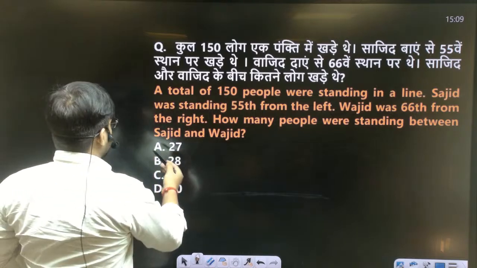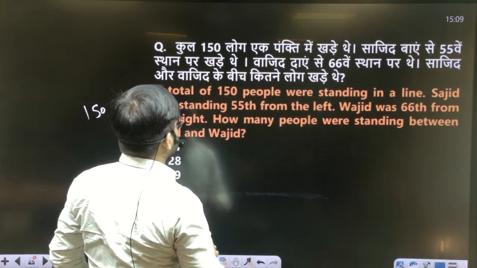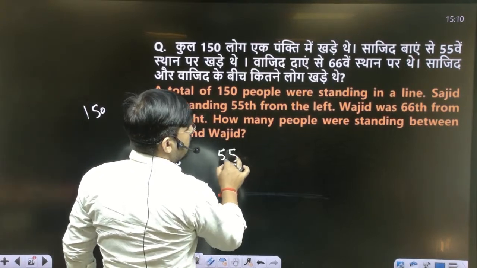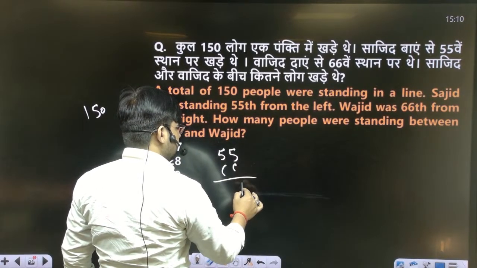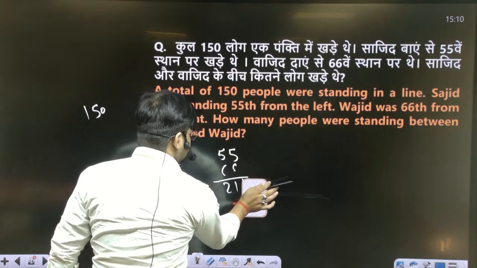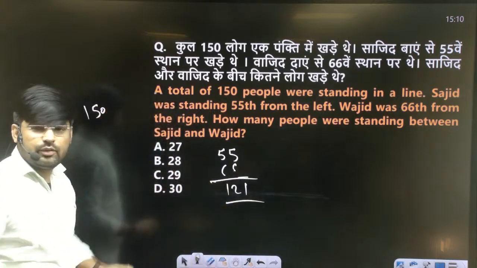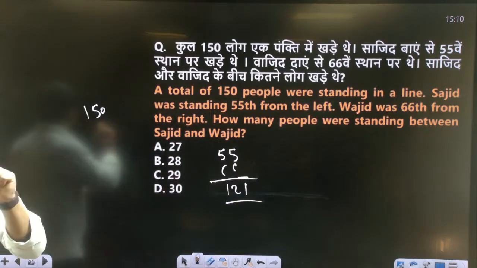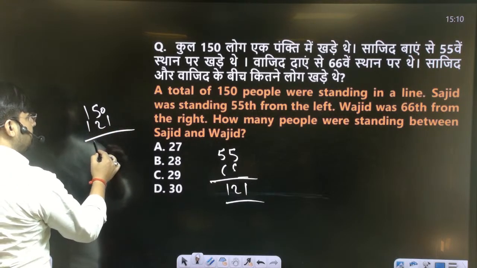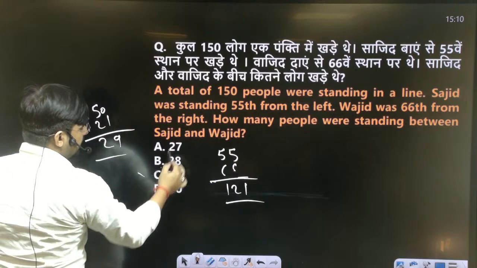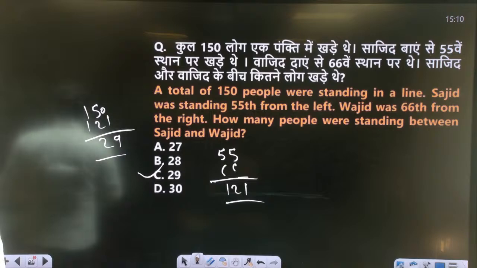Total number of persons 150, and Sajid was standing 55th from the left and was 66th. If you add 55 and 66, it's 121. 121 is less than 150. It means it's a general condition. So you have to only subtract 121 from 150. It's 29. 29 persons are standing between these two persons. Is it clear? Any doubt?